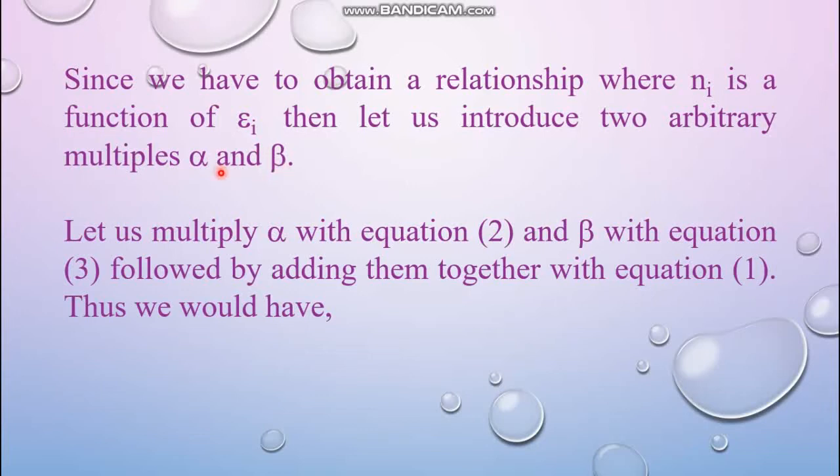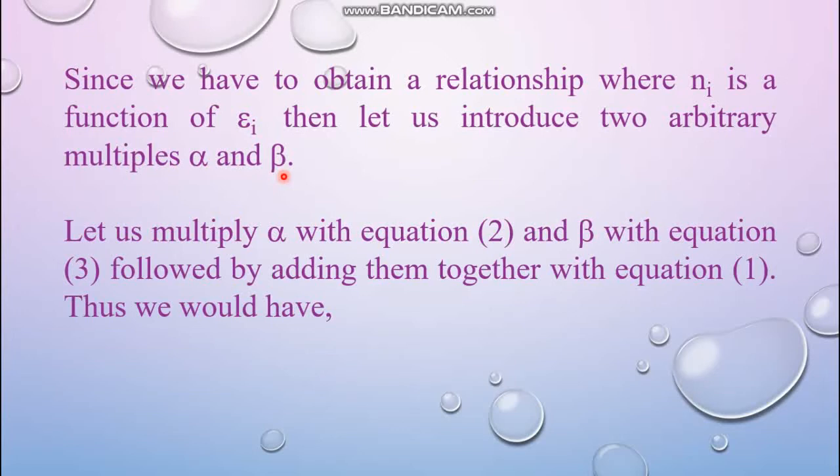That means we have to multiply them. Multiply with what? Alpha is to be multiplied with equation 2 and beta with equation 3. How can a multiplier be multiplied with an equation? Yes, if any side of the equation is 0, then it can be multiplied on both sides.